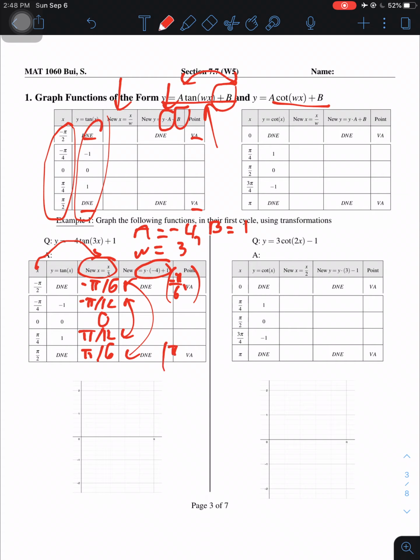And then here I'm going to get pi over 6, comma, VA for the Y part. Okay, for the point here, I'm going to get negative pi over 12, and I'm going to wait to get my Y values in a minute. And then here I'm going to get 0 and wait for my Y, and then pi over 12, and again waiting for the Y, right? So now let me get rid of something in here to get more space.